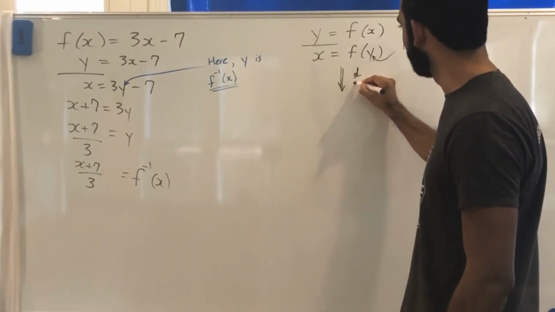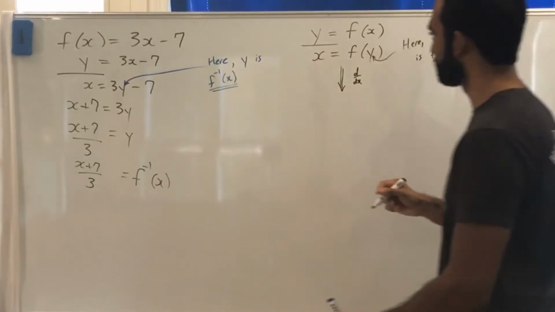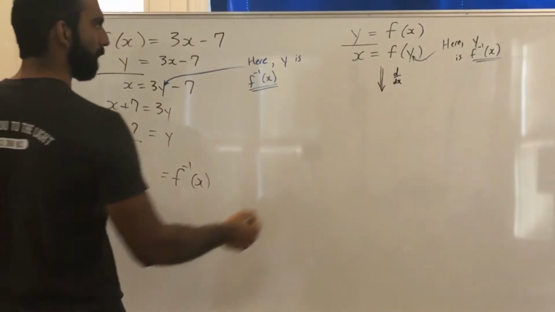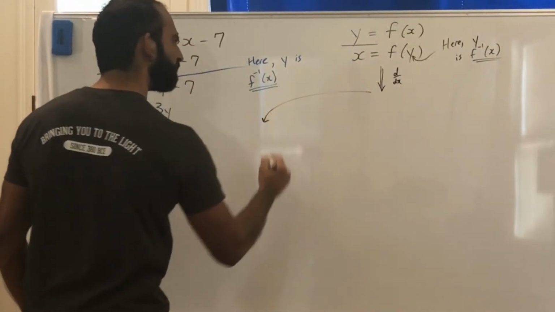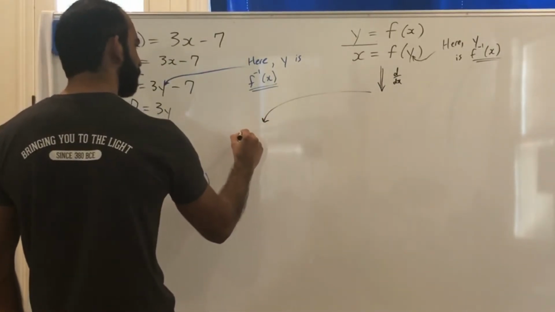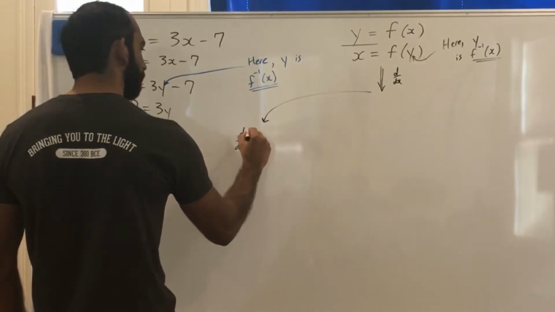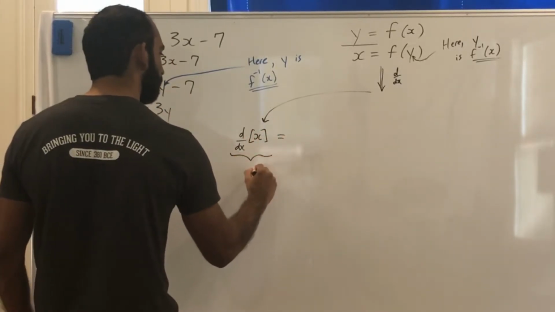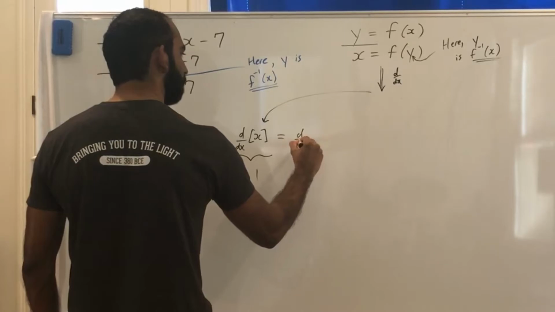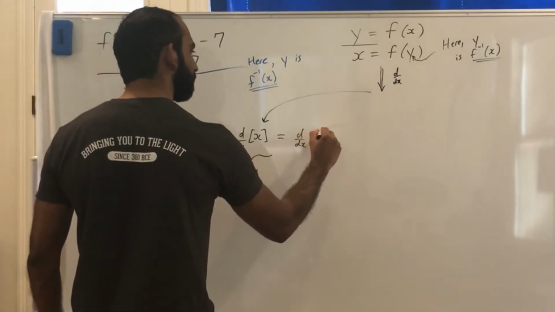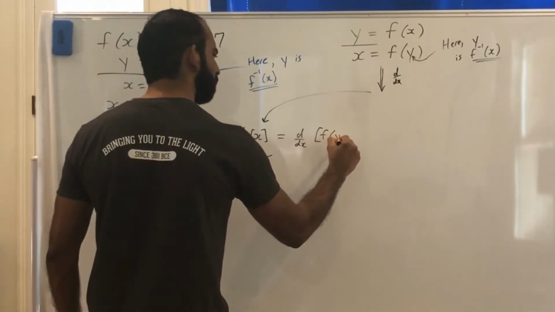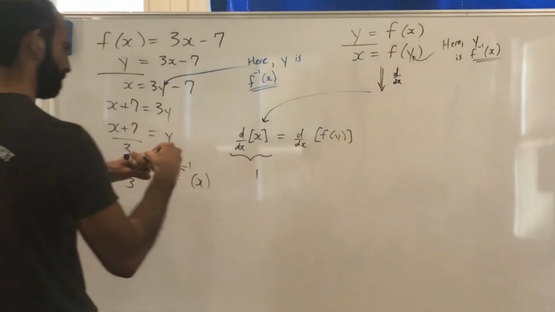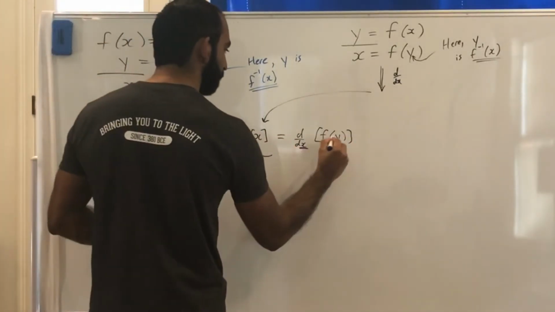So we can take d/dx of both sides of this guy. So I tell you what, I'm going to come over here to get more space. What is the derivative with respect to x of the left side, just x? That's just 1. What about the derivative of the right side, f of y? So, variables don't match.